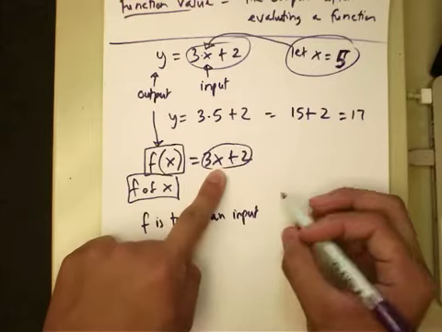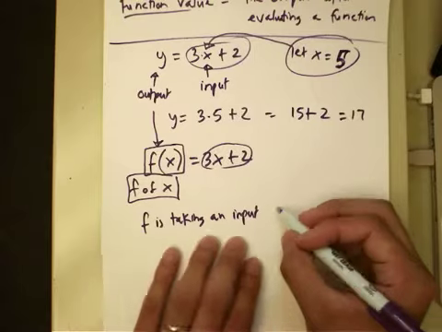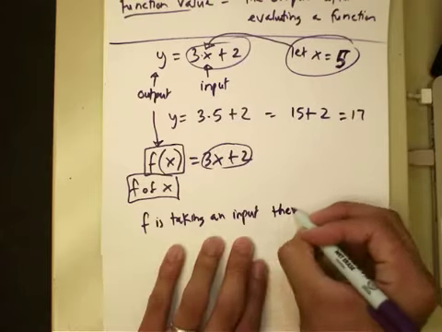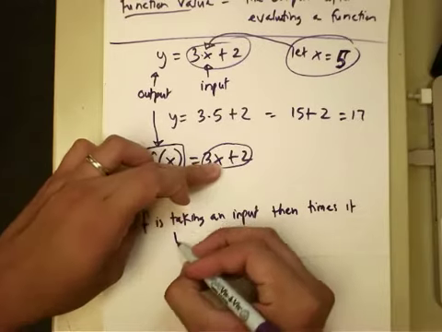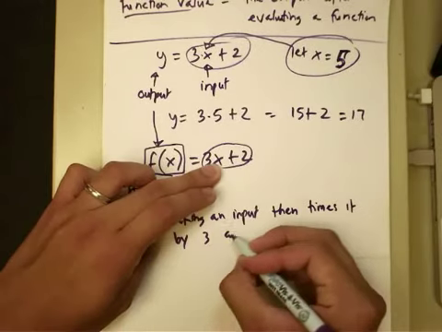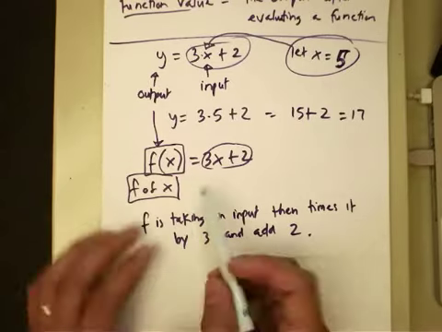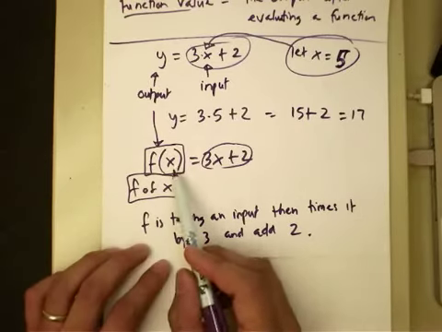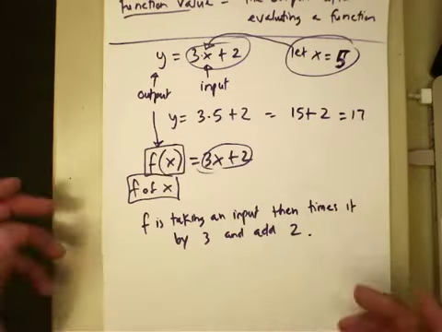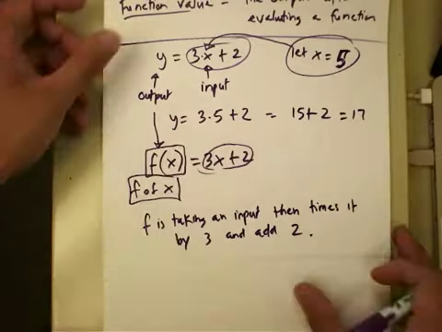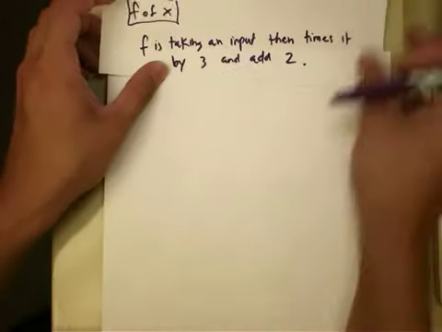You take the input, times it by 3, and add 2. That is the exact definition of this function, or you can call it a machine if you want.